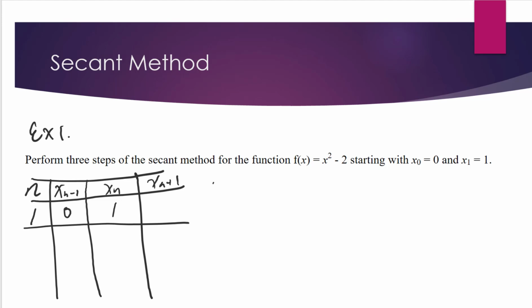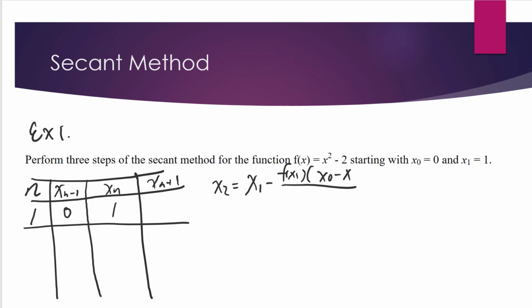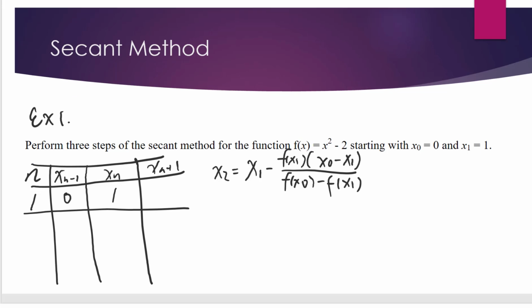So according to the formula, x2 is equal to x1 minus f(x1) times (x0 minus x1) over f(x0) minus f(x1).